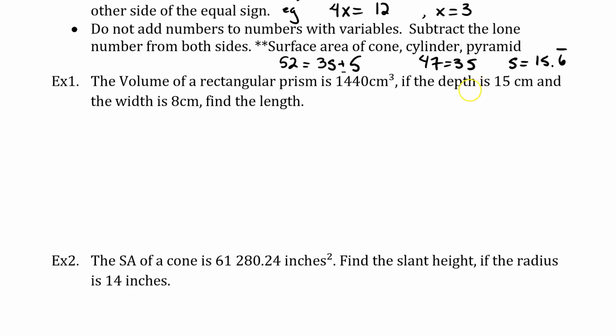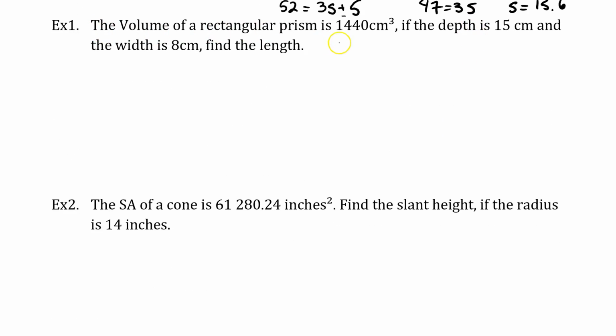So let's just see how this plays out in a question. The volume of a rectangular prism is 1,440 centimeters cubed. If the depth, or I could say the height, is 15 and the width is 8, find the length. The volume of a rectangular prism is always length times width times height.